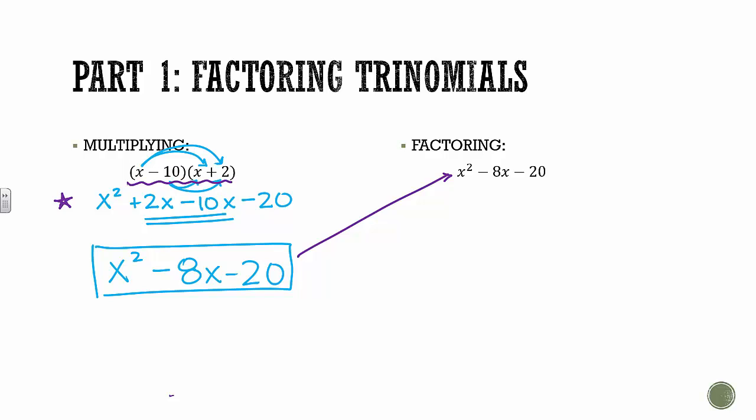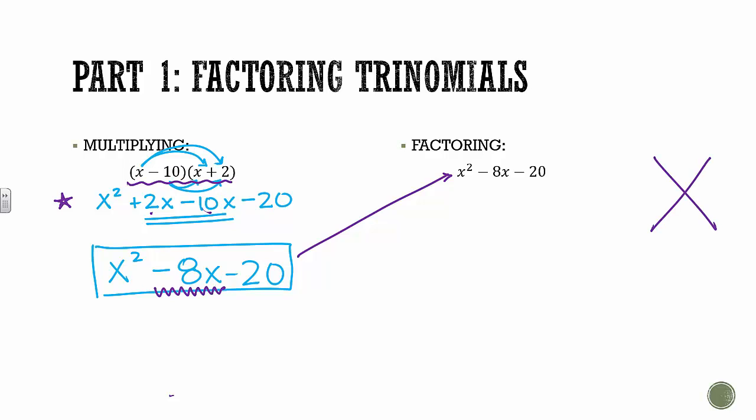So we need to undo this part here. We need to somehow break that -8 up. And we can't just break it up into anything we want, because if we don't break it up into 2 and -10 like it is up here, we can't factor it. So how do we know what to break it up into? This is where that skill that we just learned comes in handy.